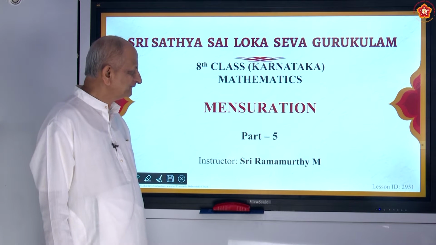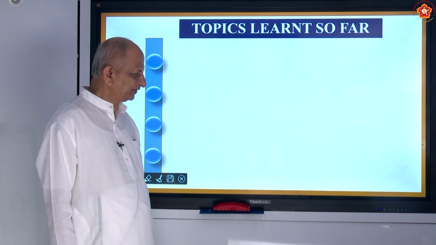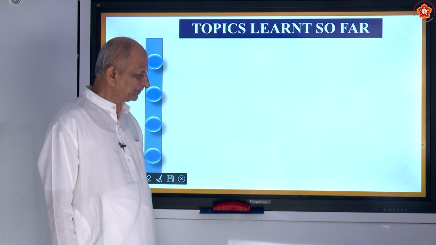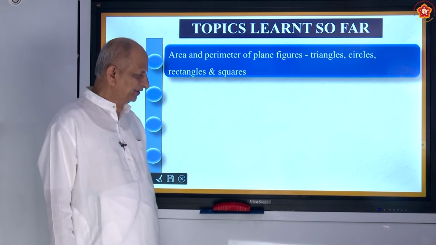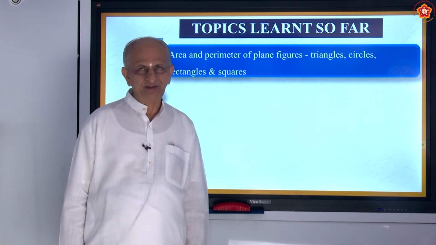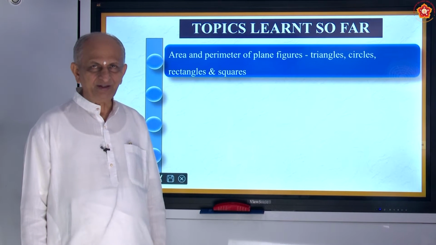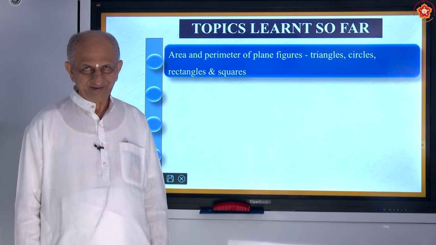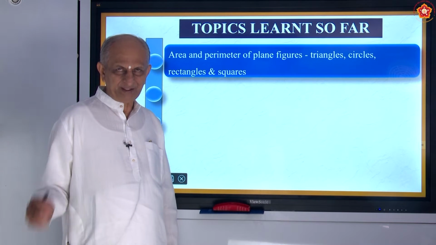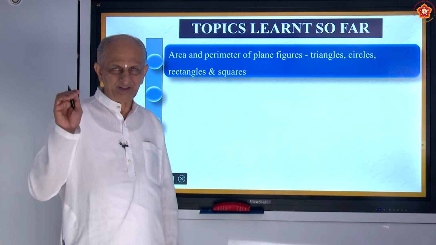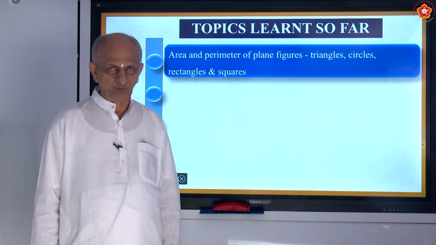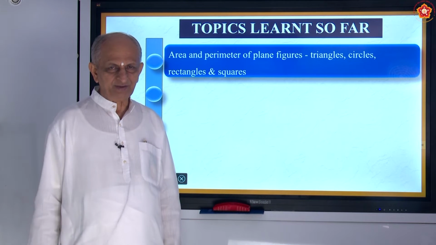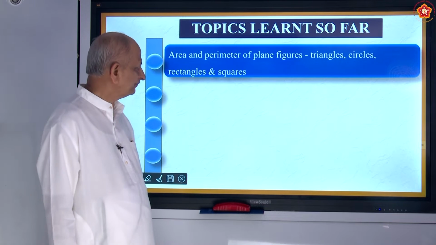Okay. Now let us just revise once what you have studied earlier. We started this topic on mensuration with the areas. Mensuration means what? It's a branch of mathematics which deals with areas of figures now, and later it is areas of solids.